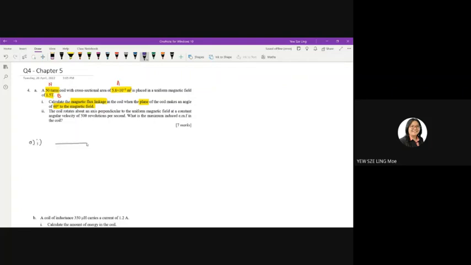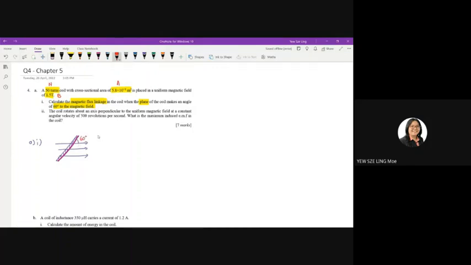Now, let's say this is your uniform magnetic field. And then this is your coil. So when you say the plane of the coil, where is the plane? Now, the plane is this surface area. This plane makes an angle 60 degrees to the field, which means that the angle between the plane and the field is 60 degrees.